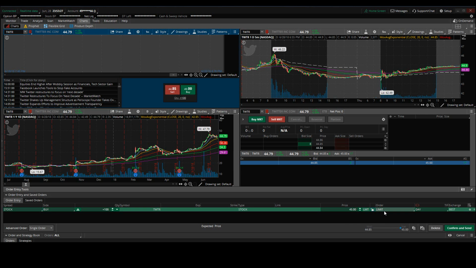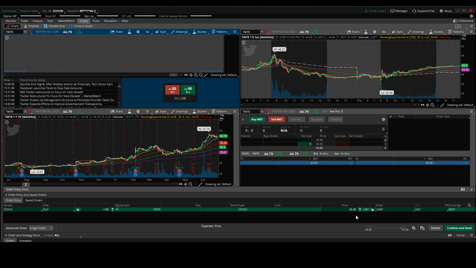So that's basically the option for a limit order, but buying right into the ask. So when you hear people saying just slap the ask, that's what they are talking about, is just slapping this and buying it at that price.